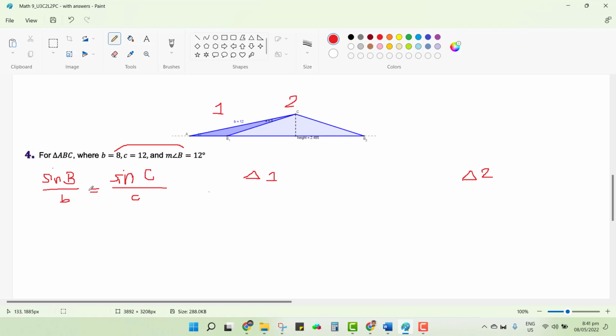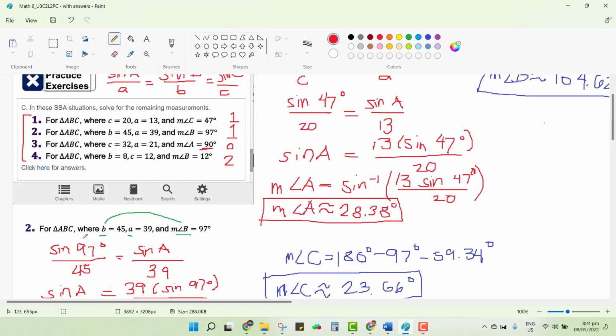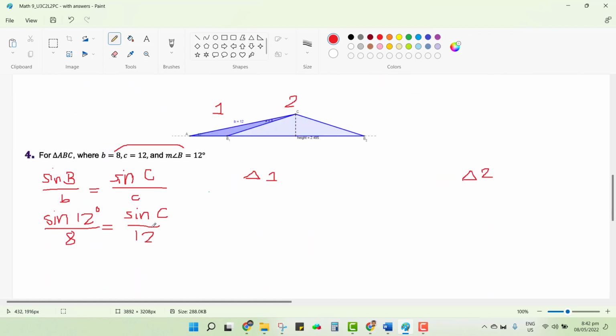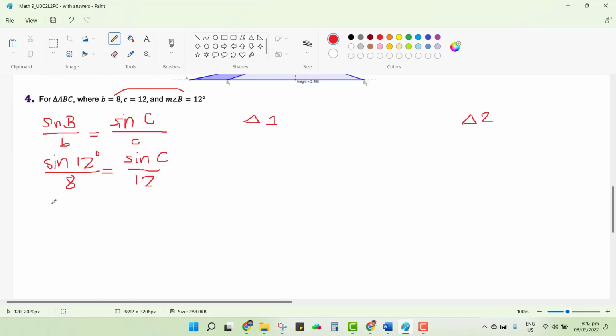Okay. So let's try to substitute the value. You have sine 12 degrees all over 8 must be equal to sine C all over 12. Let us apply the same process here as in number 1 and number 2, where we get the sine inverse. So applying the correct processes, you will get sine C is actually 12 times sine 12 degrees, all over 8.